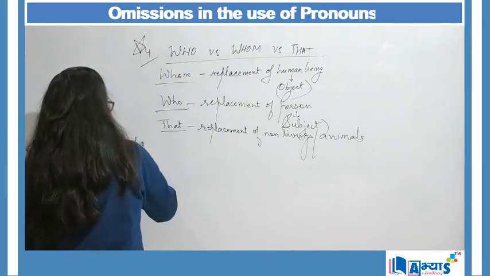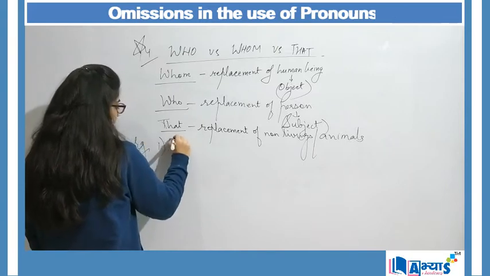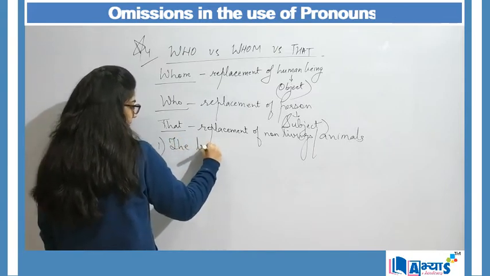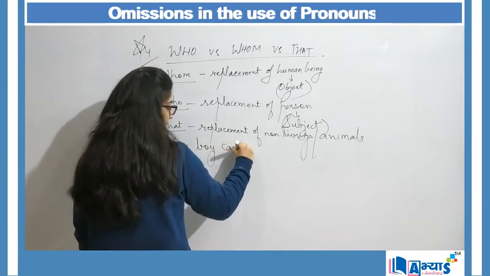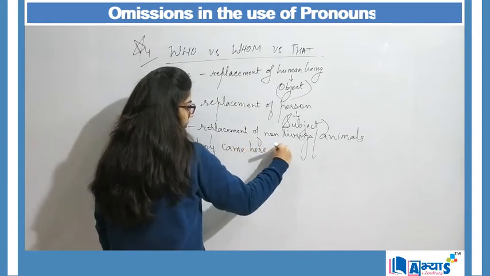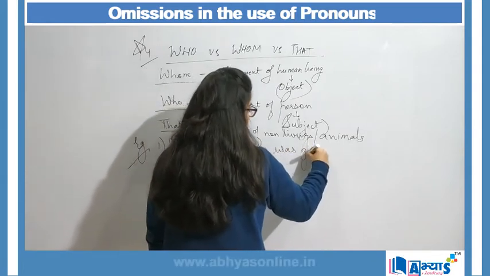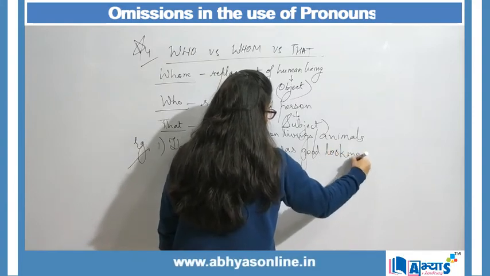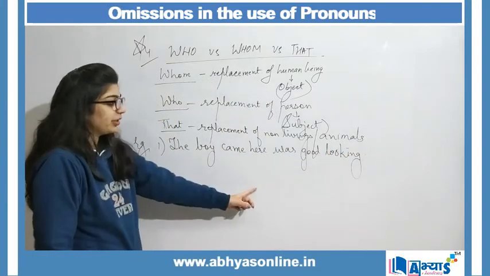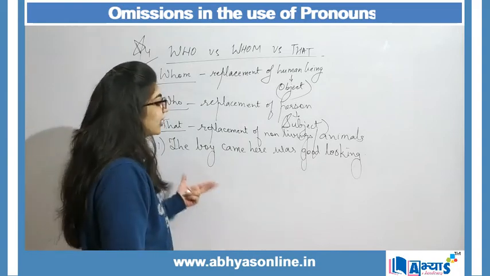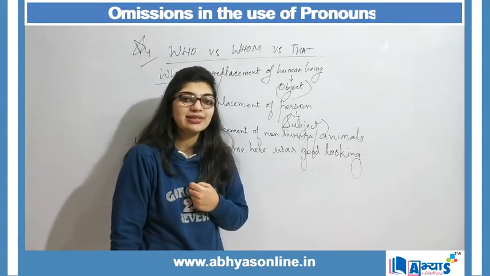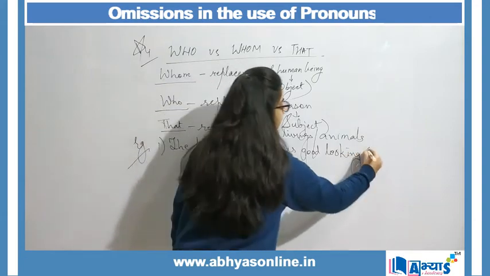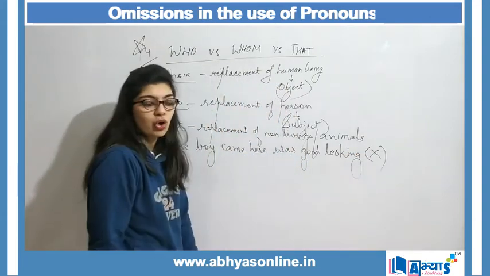Example, the boy came here was good looking. The boy came here was good looking. Now looking at the sentence we can make out that there is some error in the sentence and therefore my sentence is wrong.